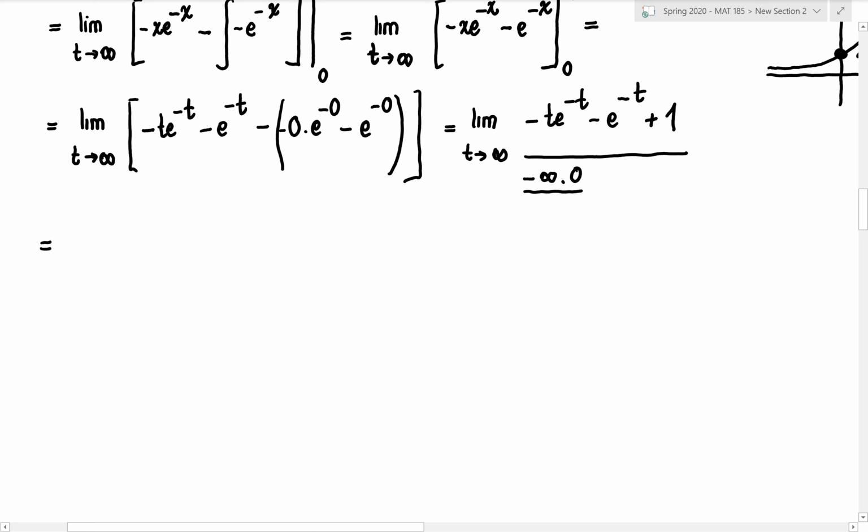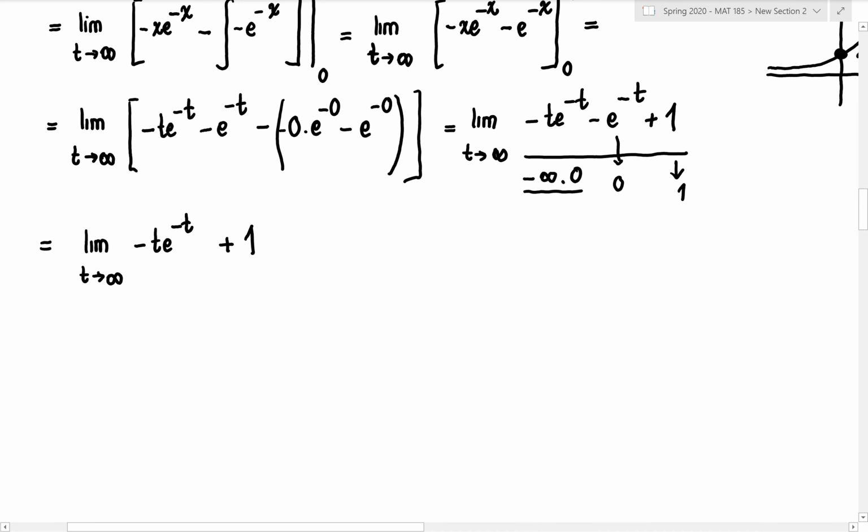And I have negative infinity times 0. What kind of limit do I have there? I have an indeterminate limit, right? This limit here, as we just discussed, is 0, and this is a constant, so that limit is 1. So what I have right now is limit as t approaches infinity, negative t e to the negative t plus 1.